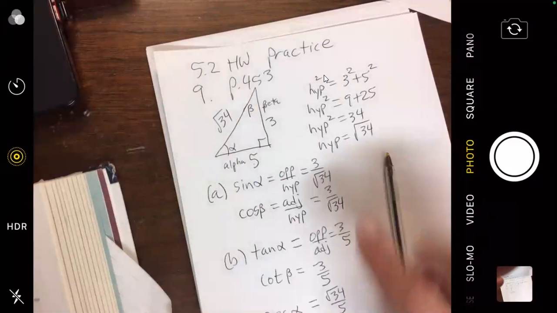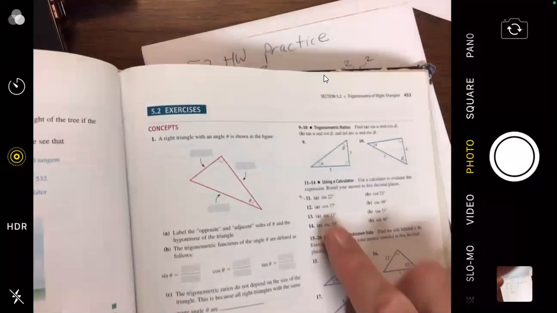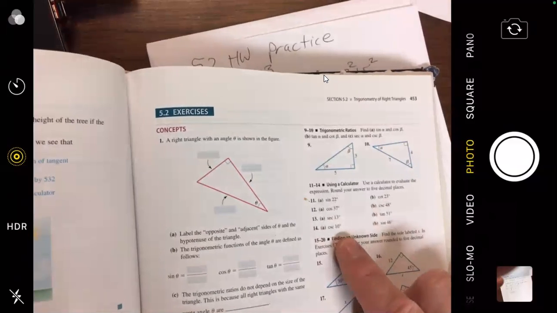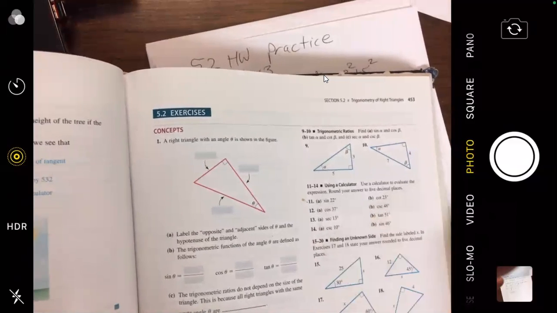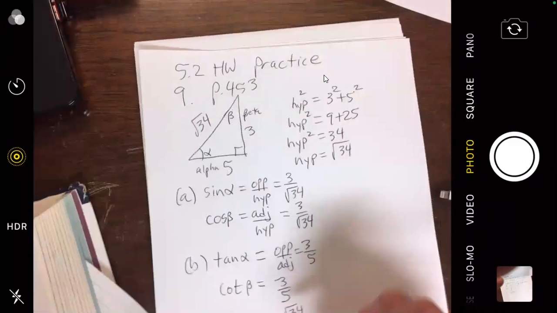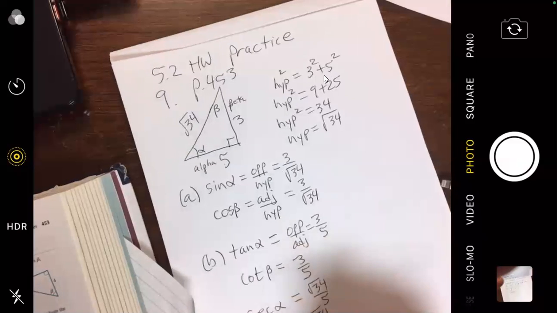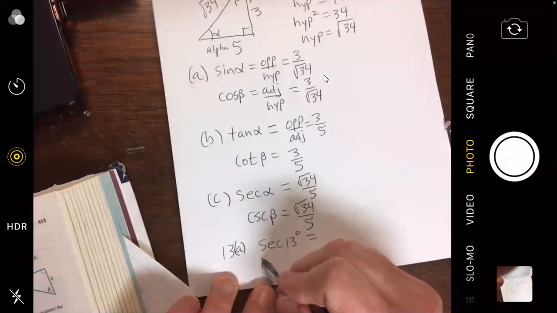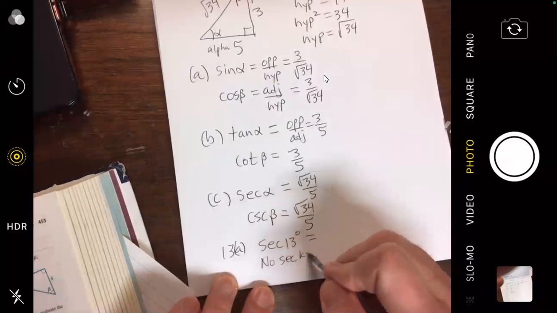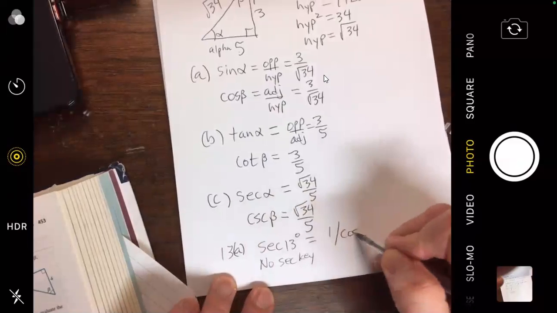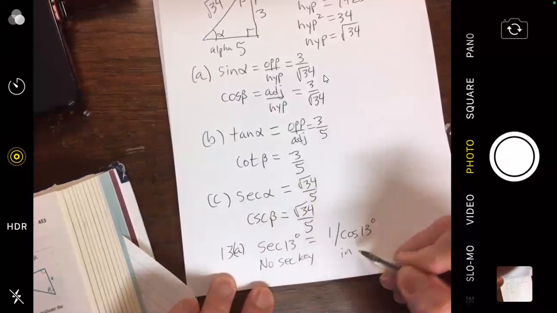Hopefully 11 to 14 here, you can punch on the calculator. Make sure you're in degree mode. Let me try something like 13a. Secant of 13 degrees. See, there's no secant key. So you'd punch in 1 divided by cosine of 13 degrees, in degree mode.